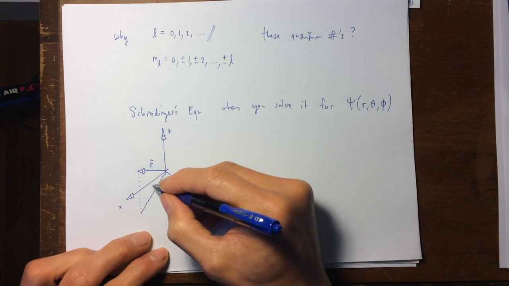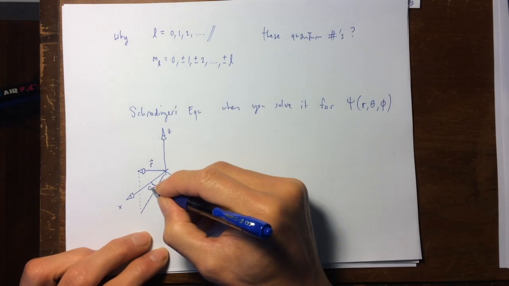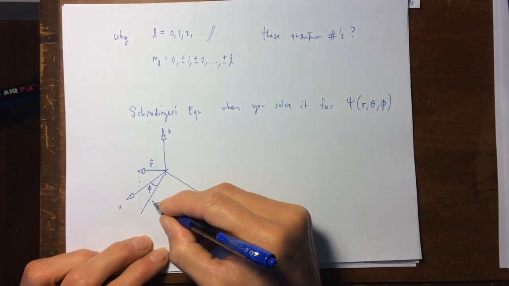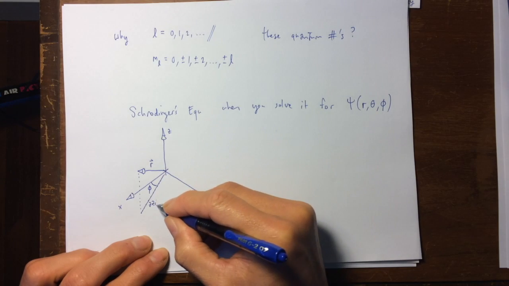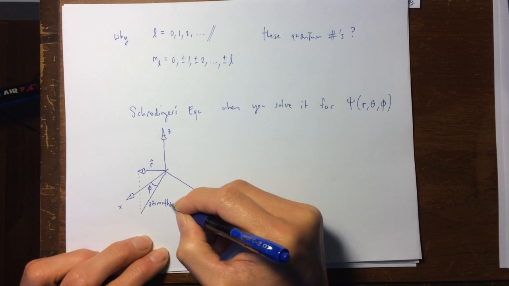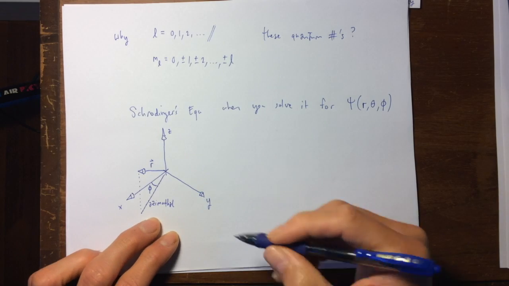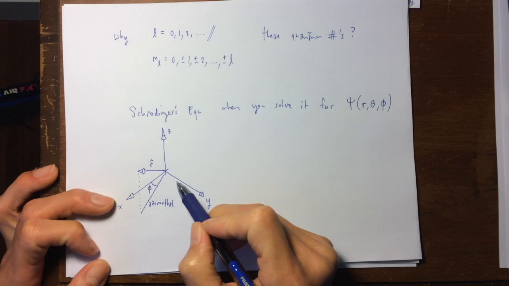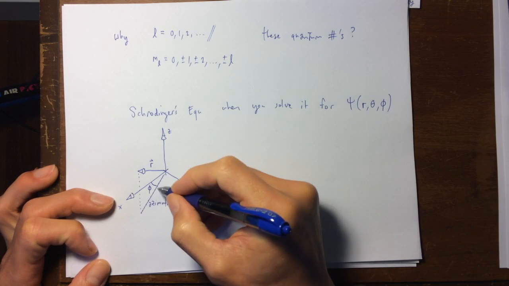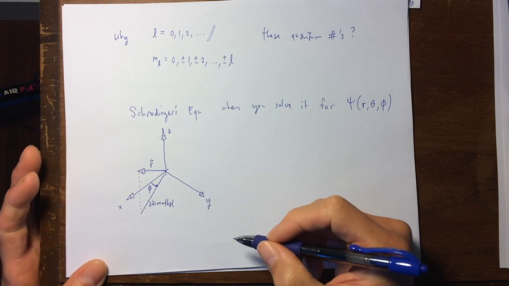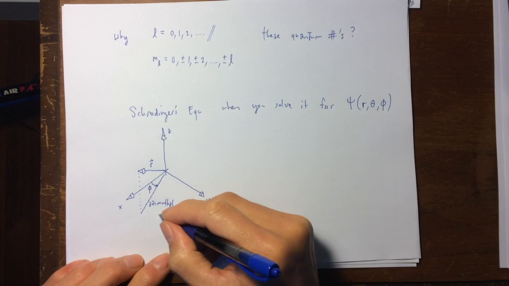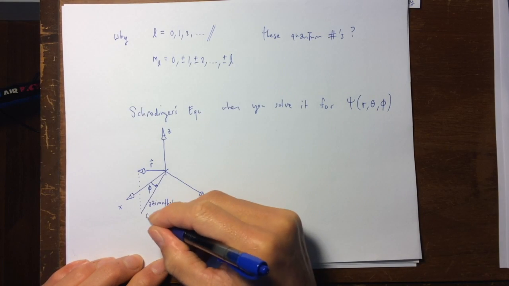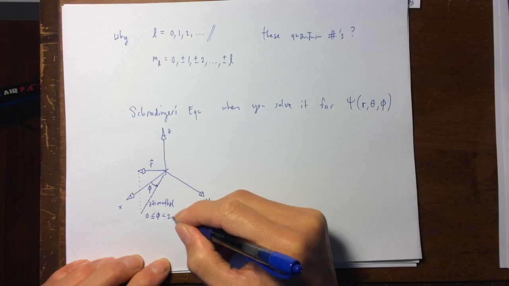The angle phi is called the azimuthal angle, and it describes how to go towards the y-axis from the x-axis. So phi is that, you read phi this way, and phi takes values between 0 and 2 pi.